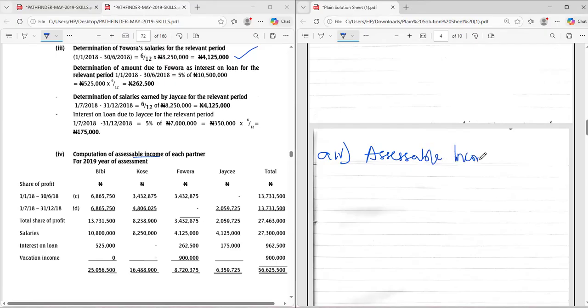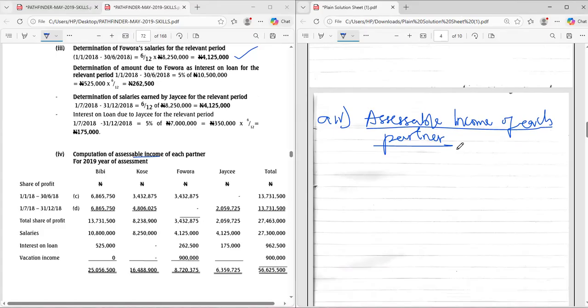Assessable income of each partner. So what would be income in the hands of each partner? For which year? Yes, for 2019. You know, the period is for 2018, but it's on preceding year basis now.